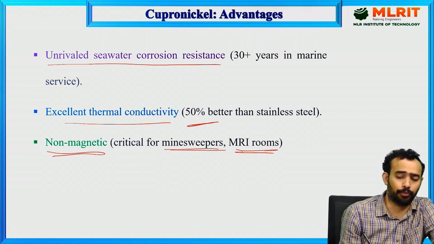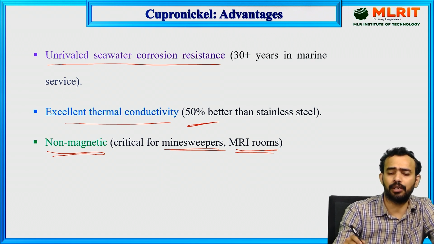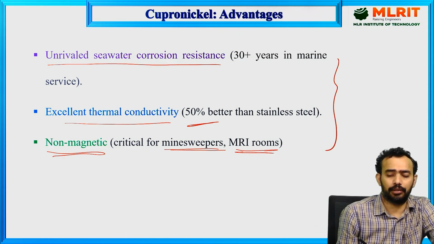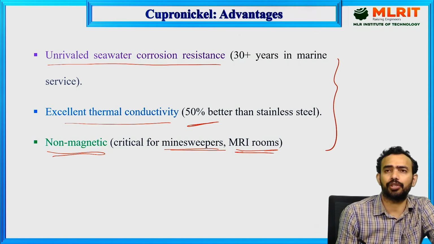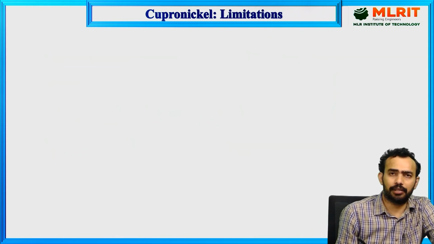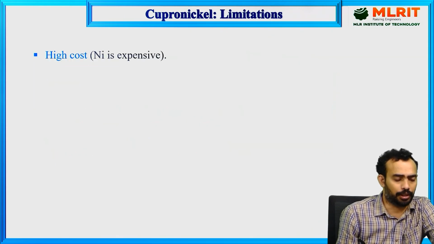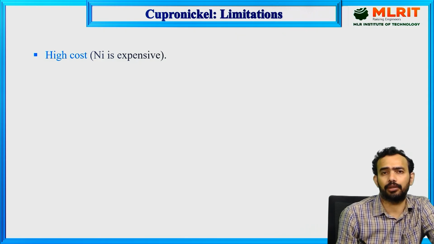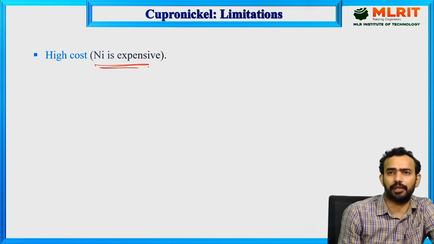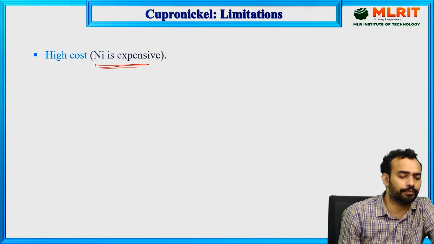Due to its advantages, it finds applications in different key engineering sectors, from medical, marine, thermal, to power plants. However, it does have certain limitations, in particular the cost, where nickel is one of the expensive materials.